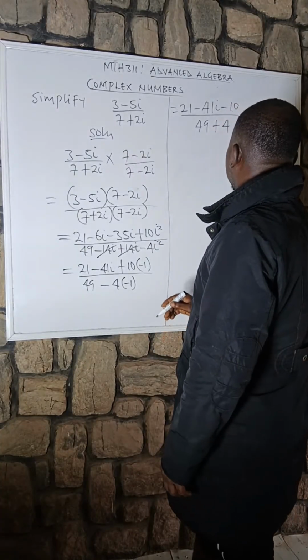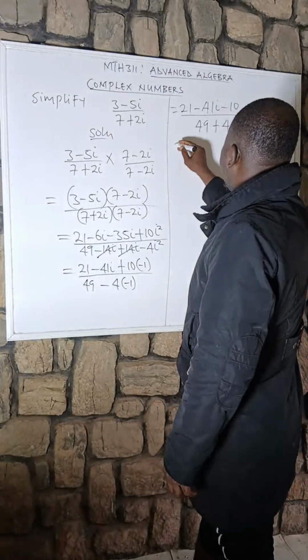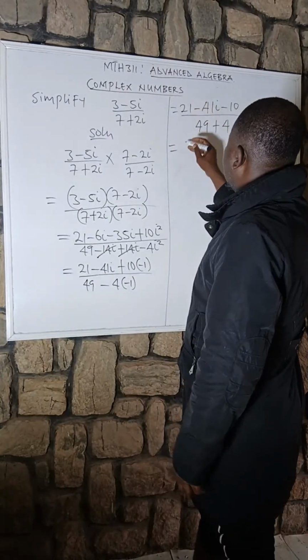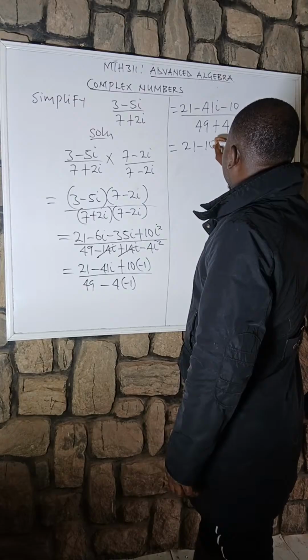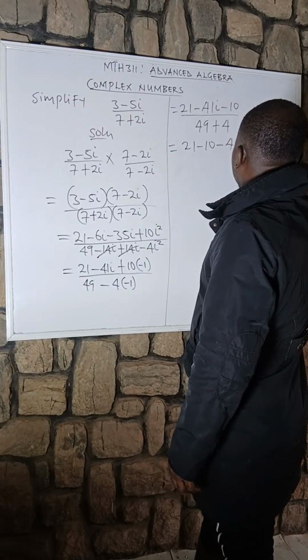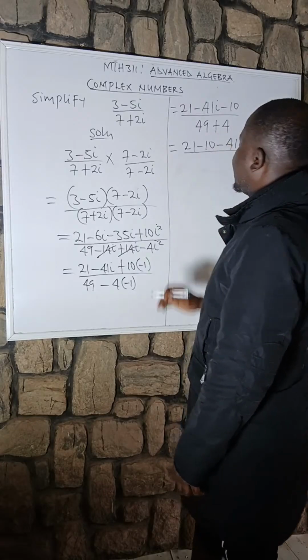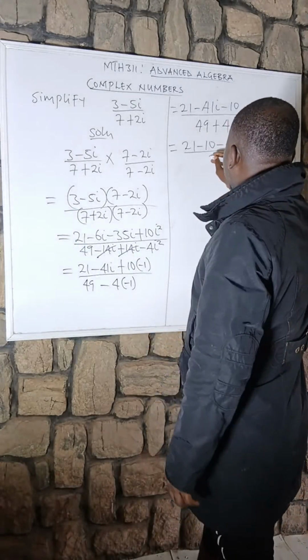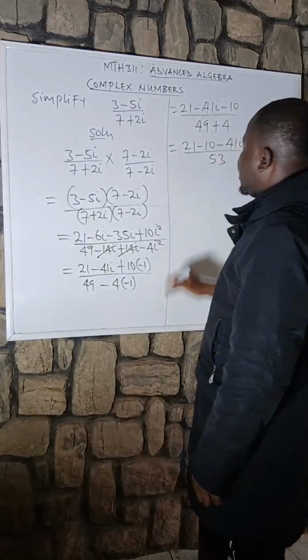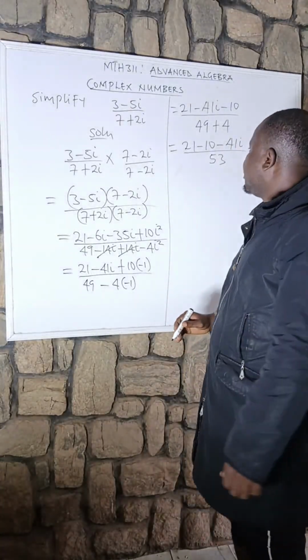So far, so good. So here we can rewrite this, collecting like terms. 21 minus 10 minus 41i, all over 49 plus 4 is 53, right? Amen. 53.